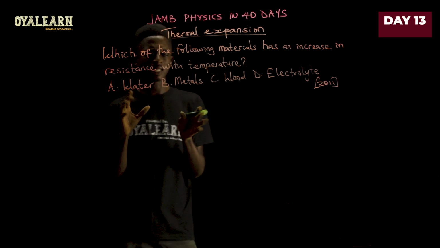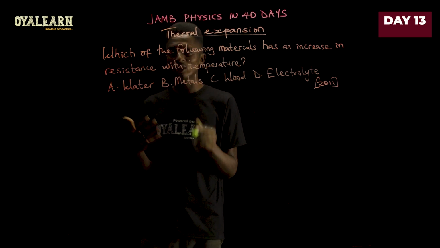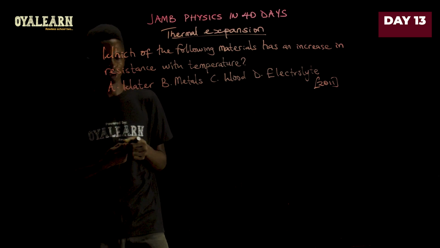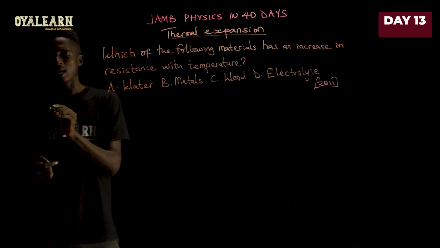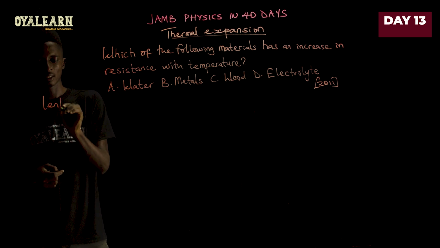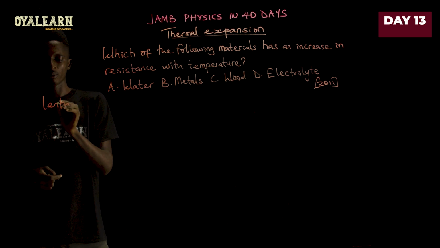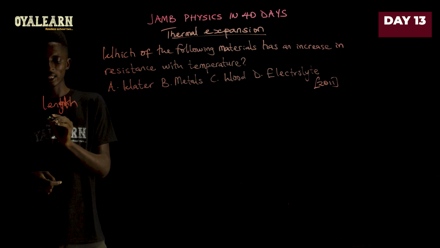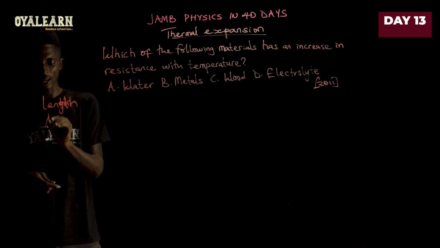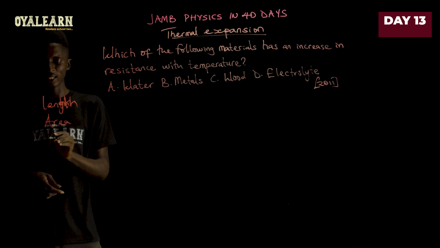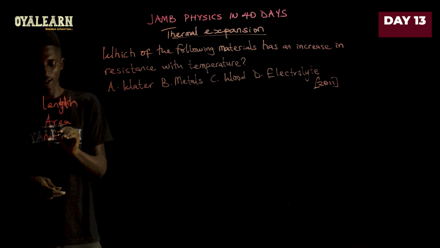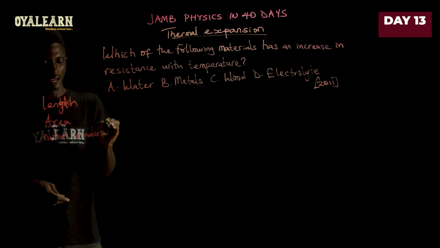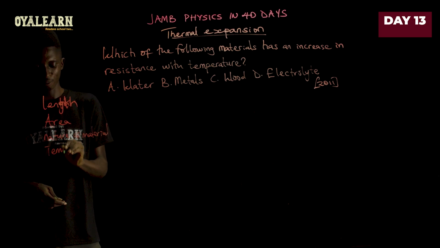Now, in this case, let's try to recall the conditions necessary for resistance, especially in conductors. You know that the conditions are length, then area, then nature of material, and then temperature.